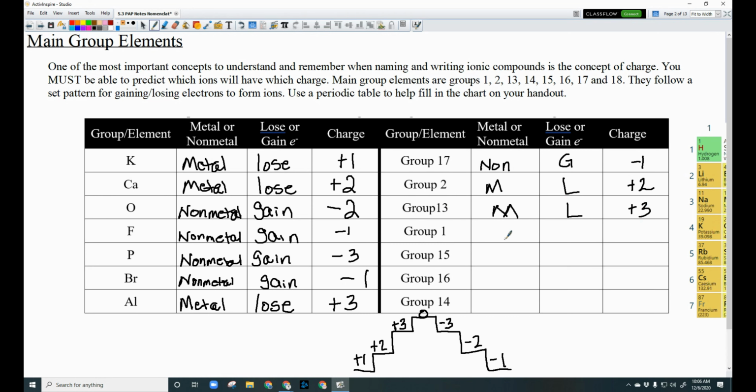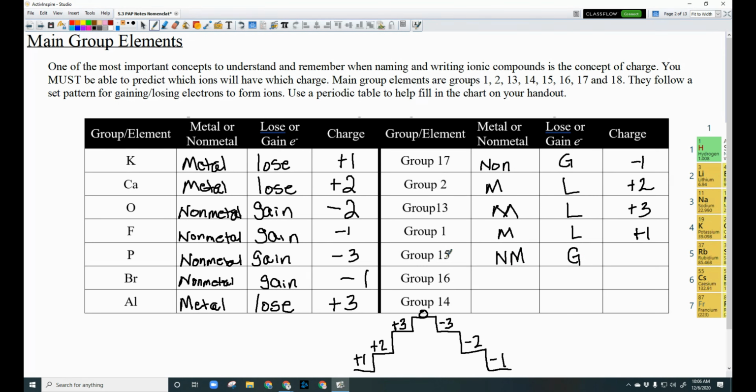Group 1, metals, they're going to lose electrons. How many? 1. So they're going to be a +1 charge. Group 15 are nonmetals. That means that they're going to gain electrons. How many? Well, they're going to gain up to 8.